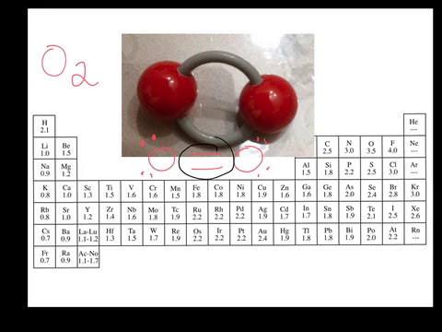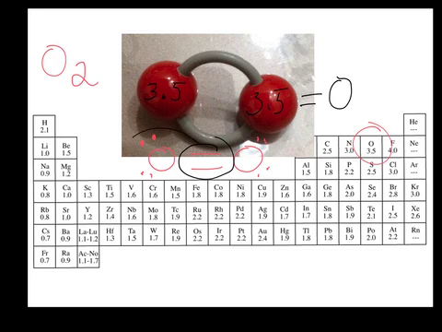But what we're interested in today is how these electrons are being shared. So we need to look at our table of electronegativity, and we can see that oxygen has an electronegativity of 3.5. The other oxygen atom has an electronegativity of 3.5 since they're the same atom. That's a difference of 0. If you look back at our chart, anything less than a difference of 0.5 means they're sharing evenly.